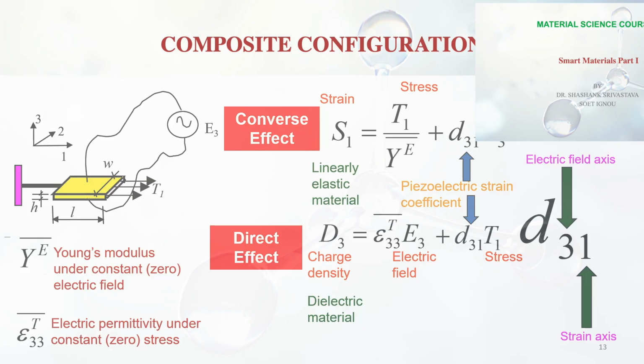So this is the dynamic Young's modulus, which will be slightly higher than the static Young's modulus. In the case of the electric permittivity epsilon, we find that there is a superscript T. This superscript indicates that this parameter is measured under zero stress conditions, and similarly the bar indicates that it is pertinent to dynamic condition.